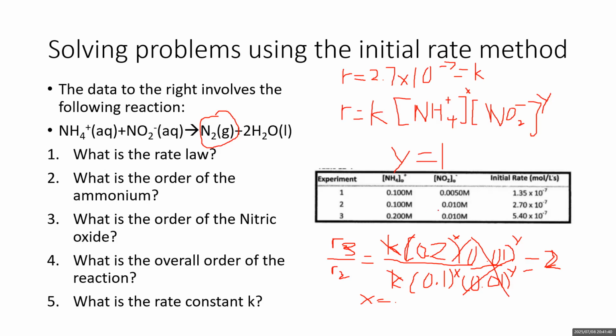We multiply these to get 0.001, the product of the concentrations, since they're both order 1.